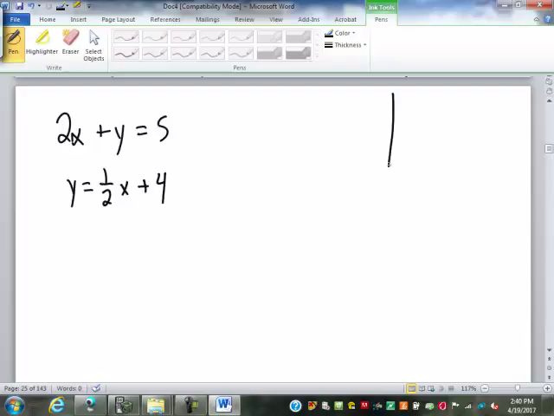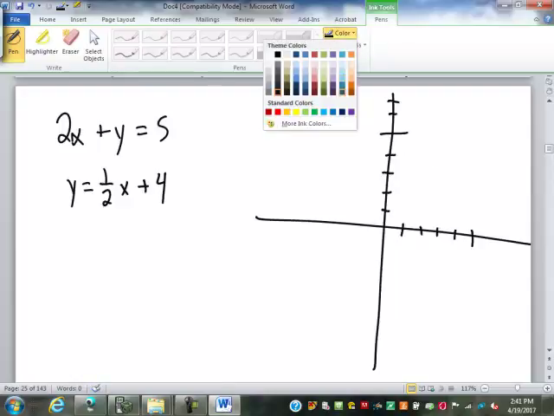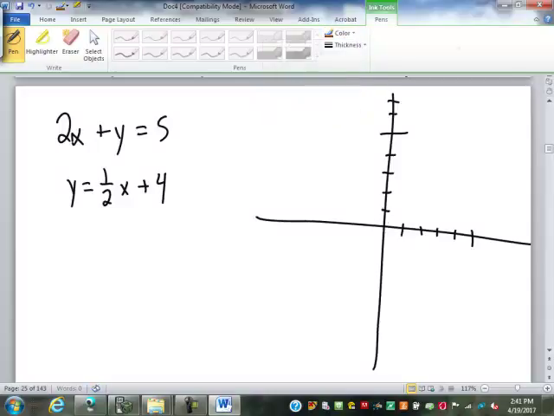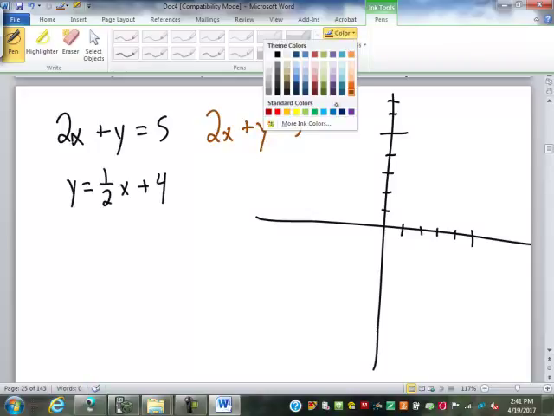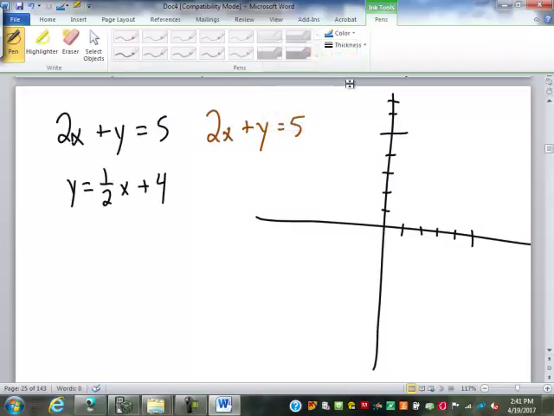Okay, so looking at this system here. The top equation, is that ready to graph? No. I have to get y by itself. What am I going to do first with it? Subtract 2x.